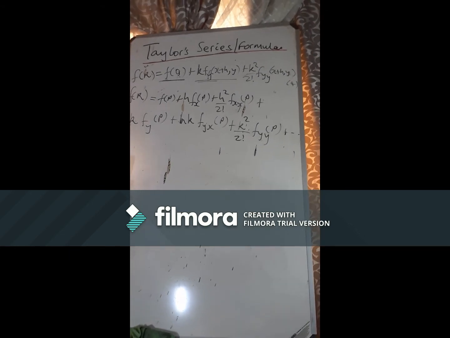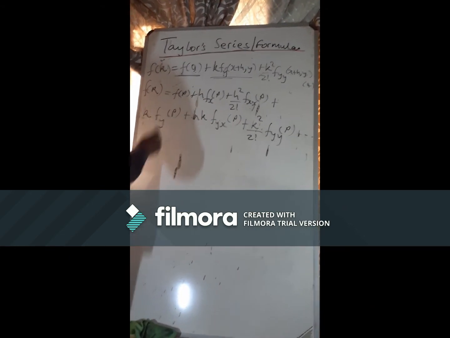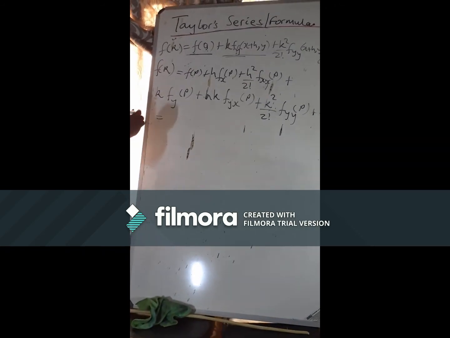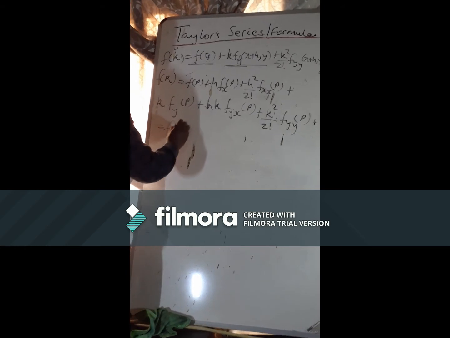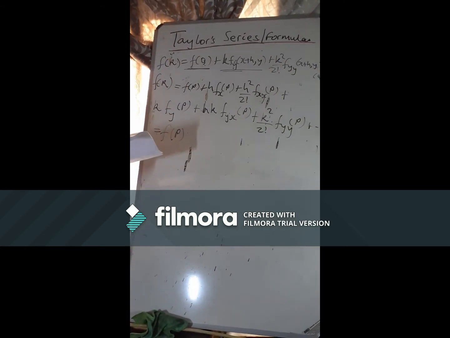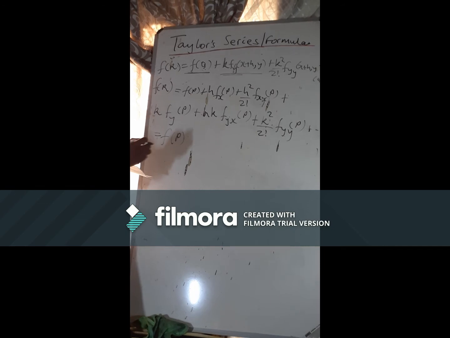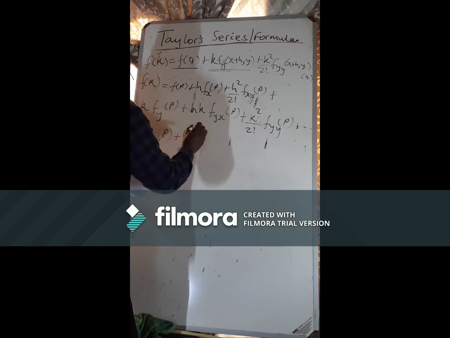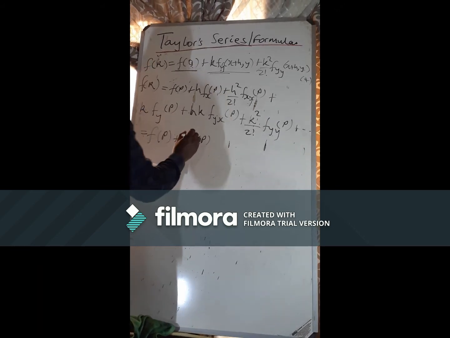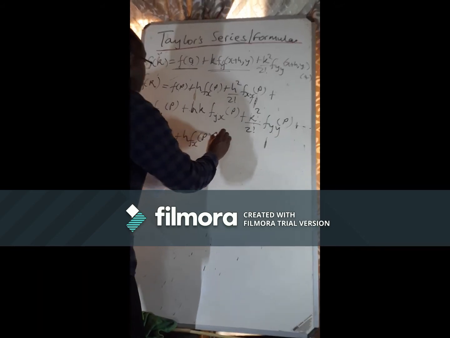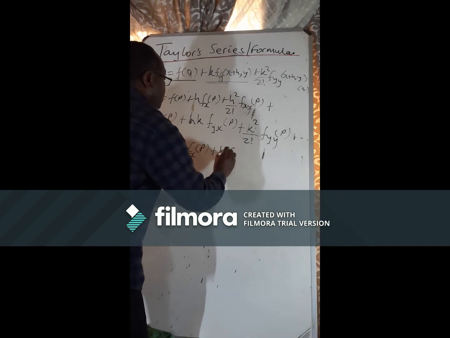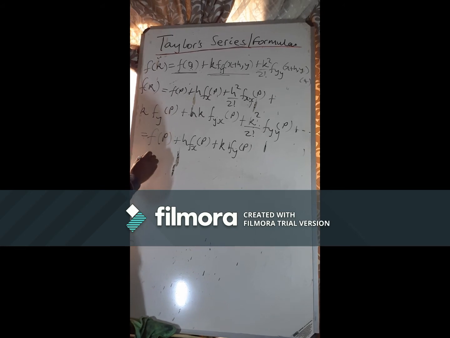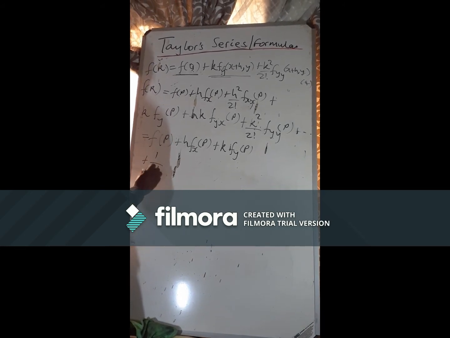So we can group these guys together. The first order on their own. So it will be f at p plus h fx at p plus k fy at p, plus the second one. Let's put 2 factorial out.